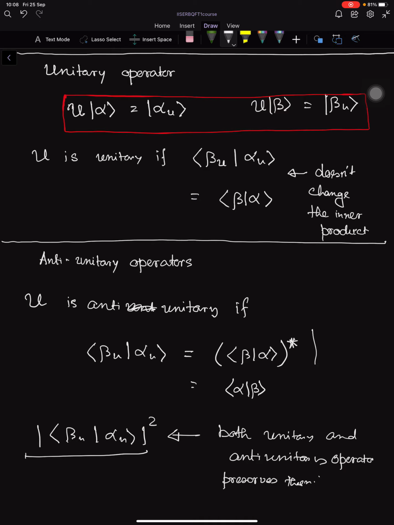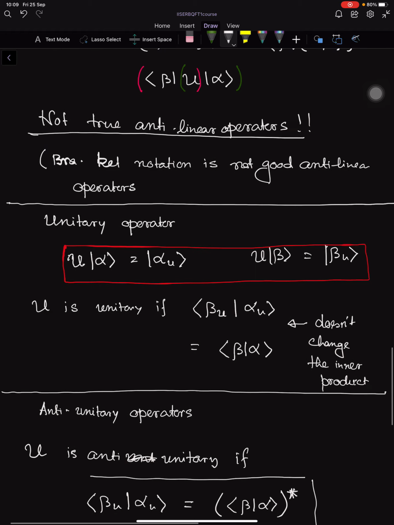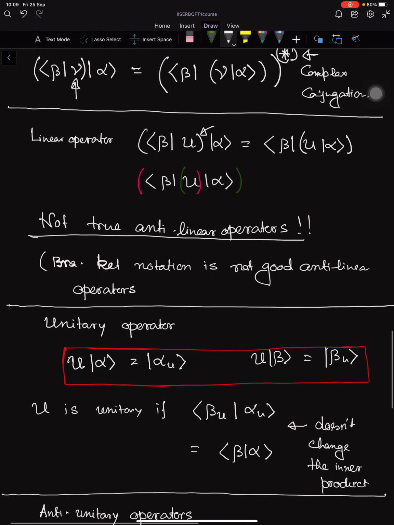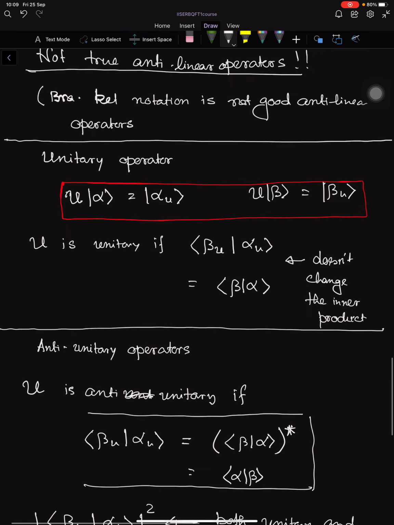But here the basic point is that, if you want to define an anti-unitary operator, then for an anti-unitary operator, beta u ket times alpha u bra, that is, the inner product of beta u with alpha u, is the same as alpha bra beta ket. Okay, so there is an interchange of order, and this is important to define the anti-unitary operator. So in this lecture we came across two things which complexify: antilinear operators and anti-unitary operators.